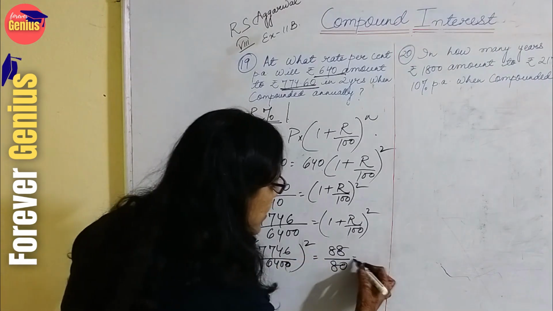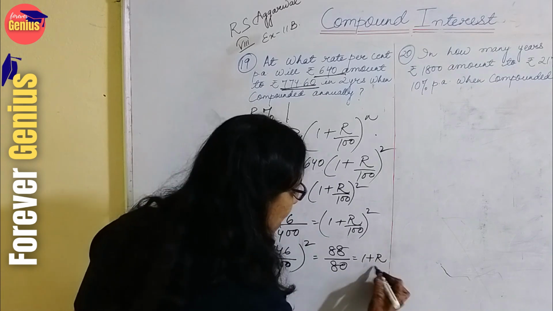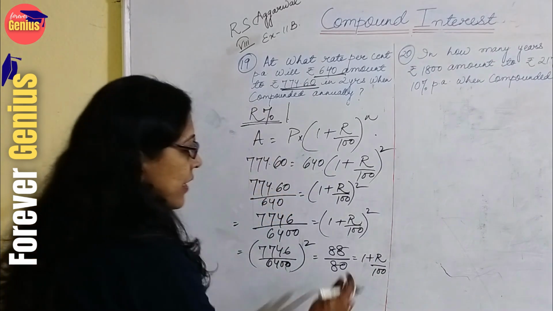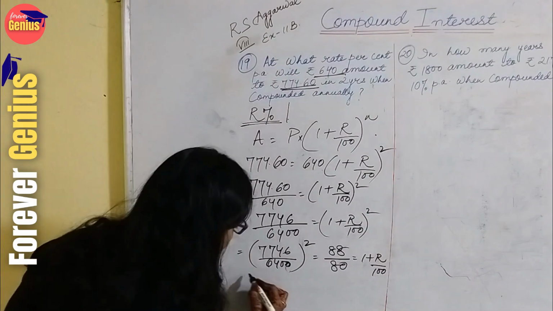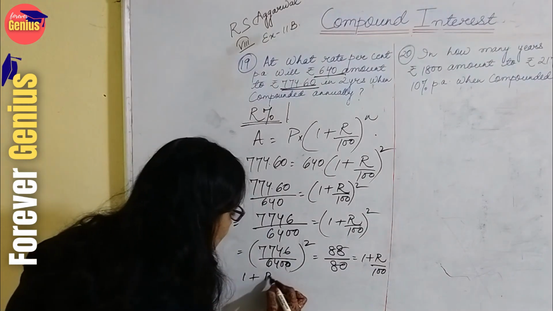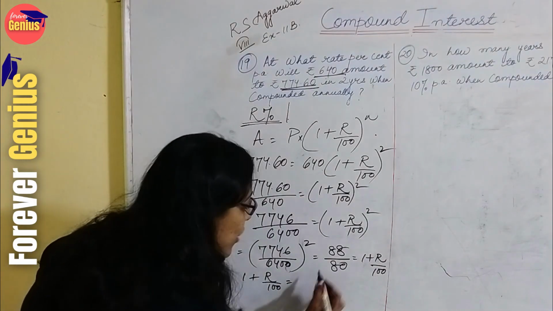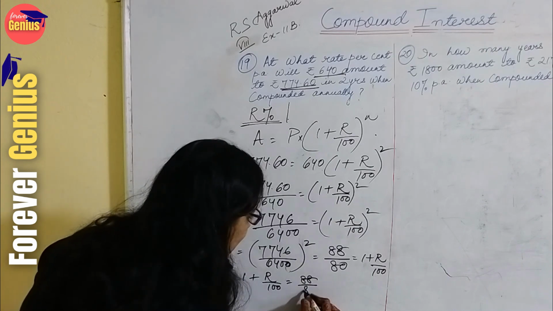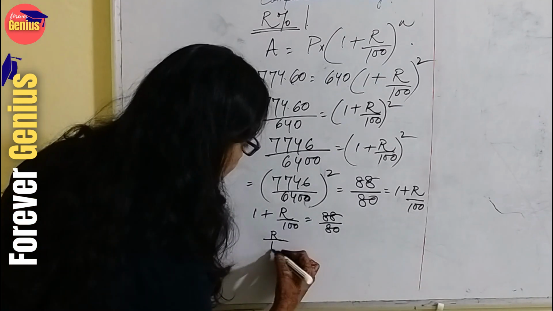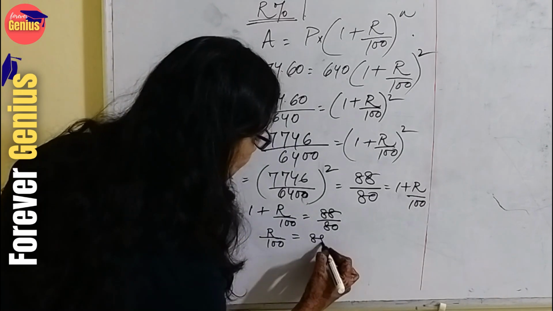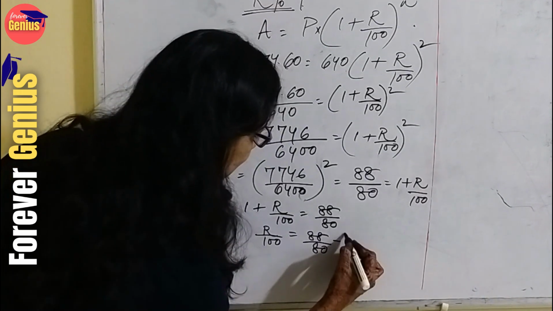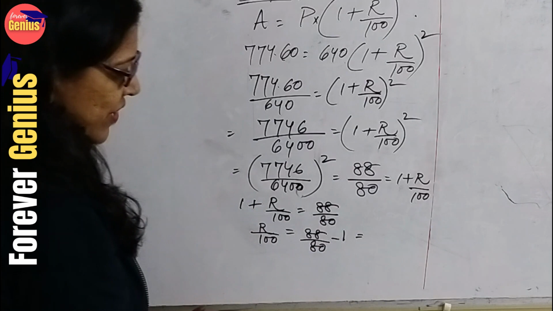Now the square is removed. This is equal to 1 plus R by 100. Now 1 plus R by 100 is equal to 88 by 80, or R by 100 is equal to 88 by 80 minus 1, because the side is changing.